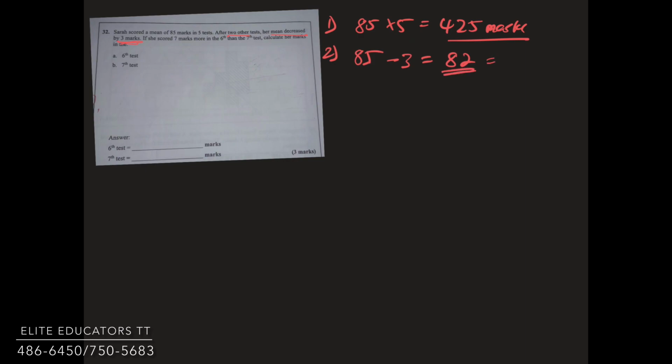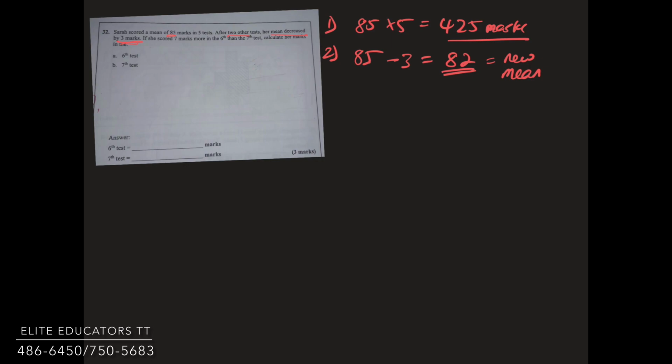So this is the new mean. That confirms she got fewer marks in the other 2 tests. And remember, the answer has to be less than 85, and the 6th test has to be more than the 7th test.